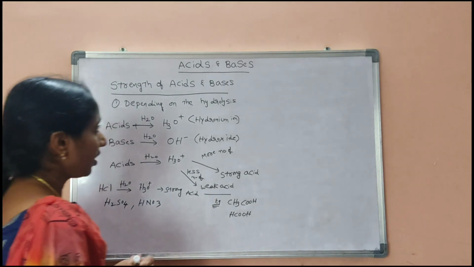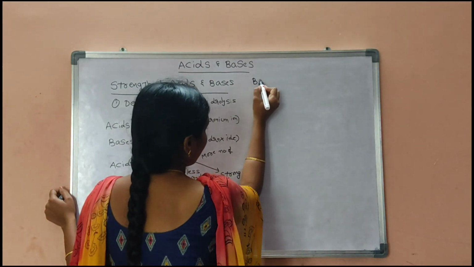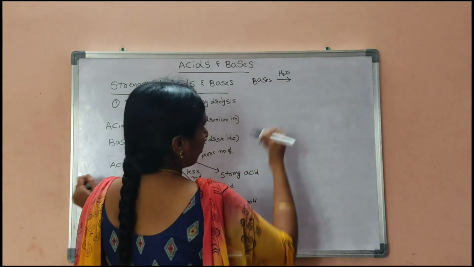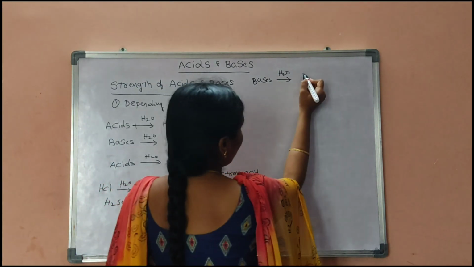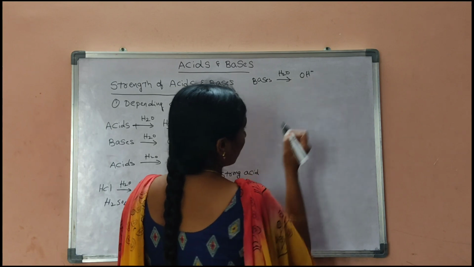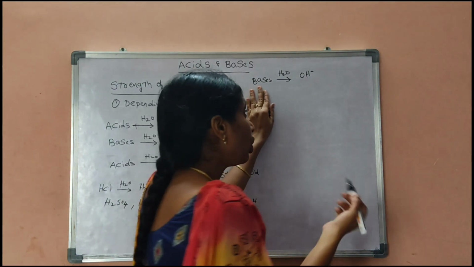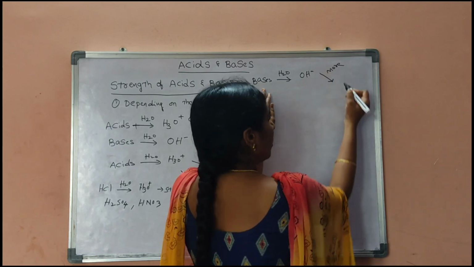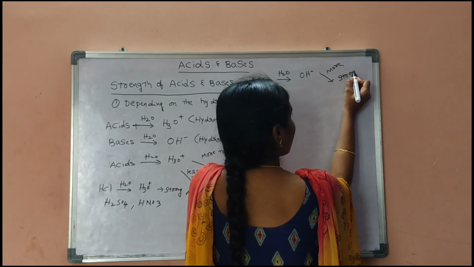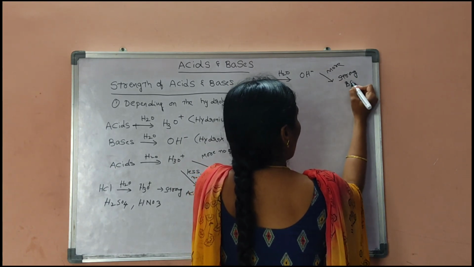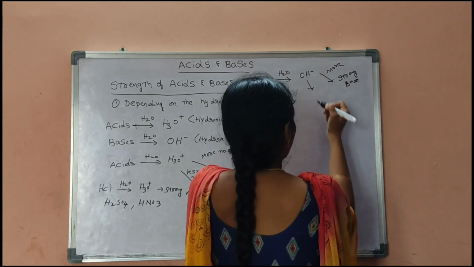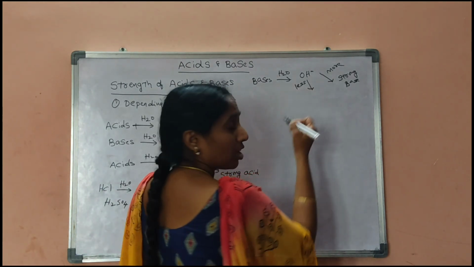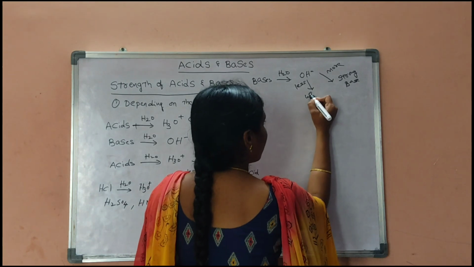Okay? In the same way, bases react with water and produce which ions? Hydroxide ions. The bases which produce more number of hydroxide ions are called strong bases. The bases which produce less number of hydroxide ions are called weak bases.